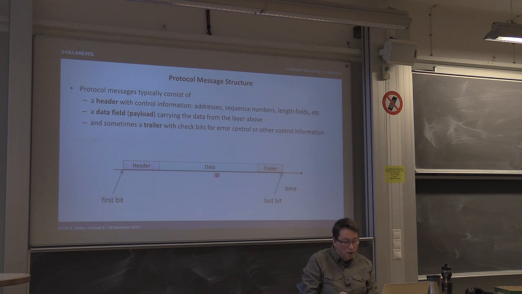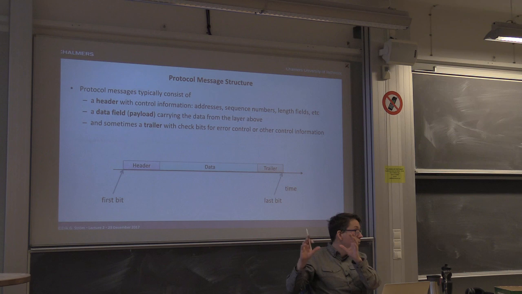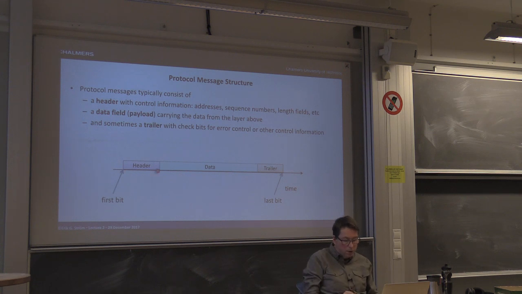So this is a typical way a protocol message looks. There is some data, and this data comes from above. There is some header information, which is what the protocol needs in order to communicate with its peer process at the other end. So these are protocol-specific messages that are supposed to be communicated with the other end, and then there could be some trailer here also.